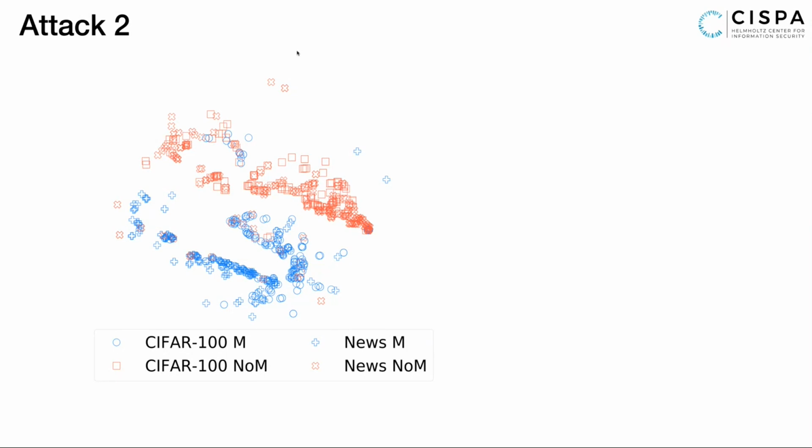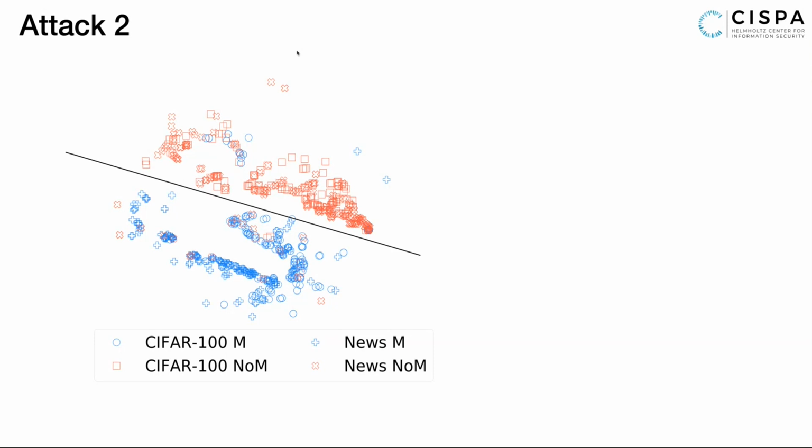Here, the blue circles are the members for the CIFAR-100 dataset, and the red squares are non-members for CIFAR-100. So if you are using CIFAR-100 as a shadow dataset, you can easily train an attack model to separate members and non-members of CIFAR-100. Meanwhile, also notice that the members and non-members for the news dataset lie in a similar region as CIFAR-100's members and non-members, respectively.